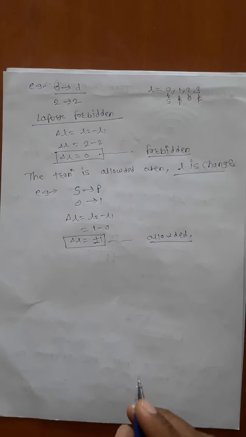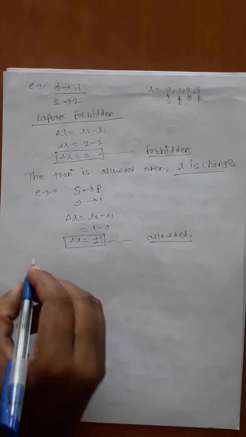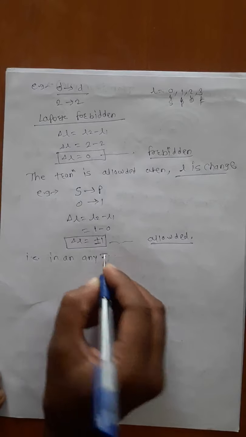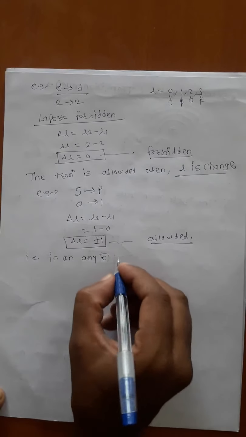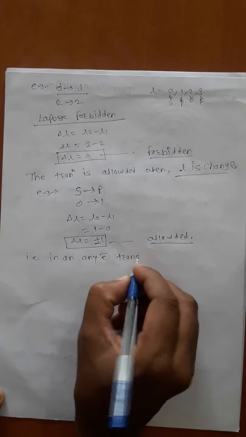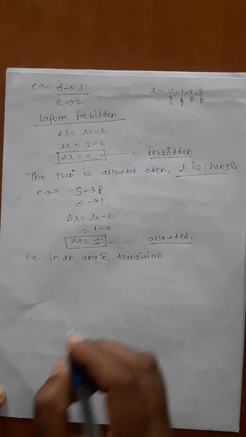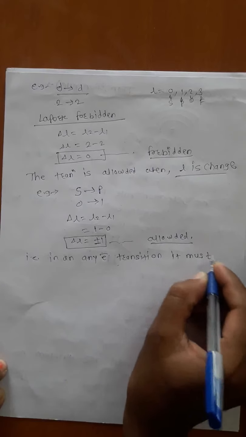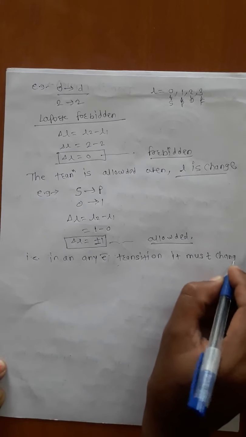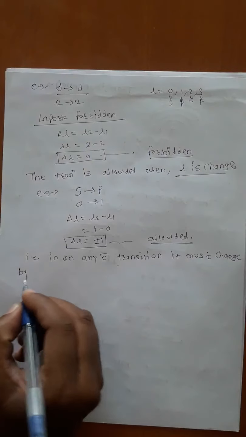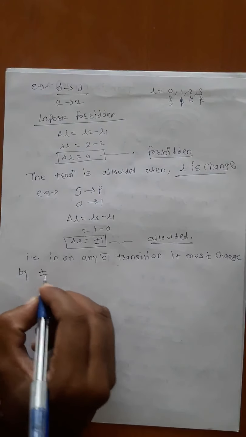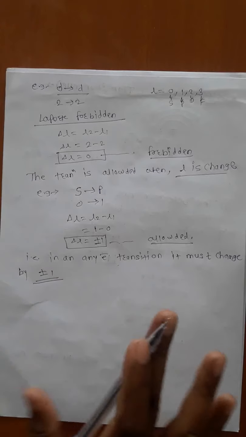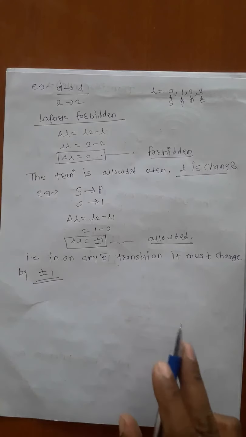In any electron transition, L must change by plus or minus 1.